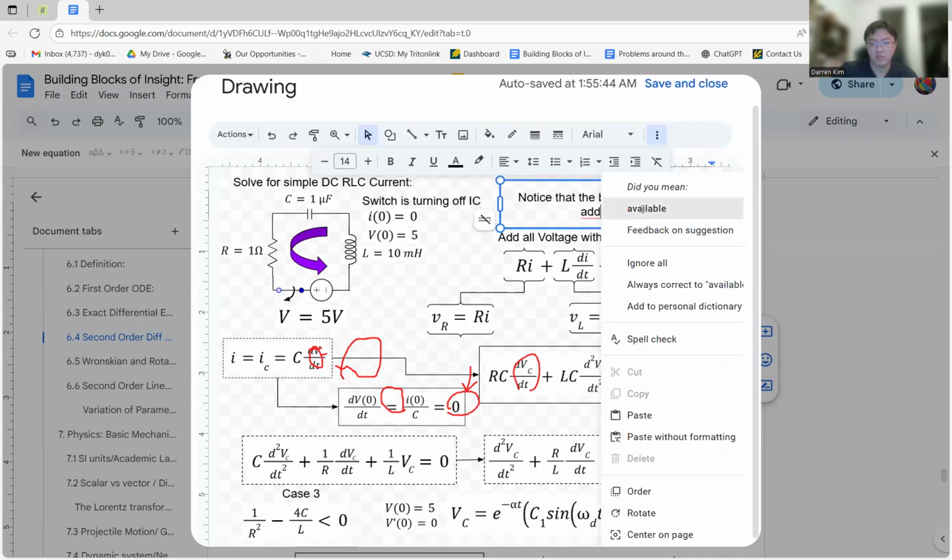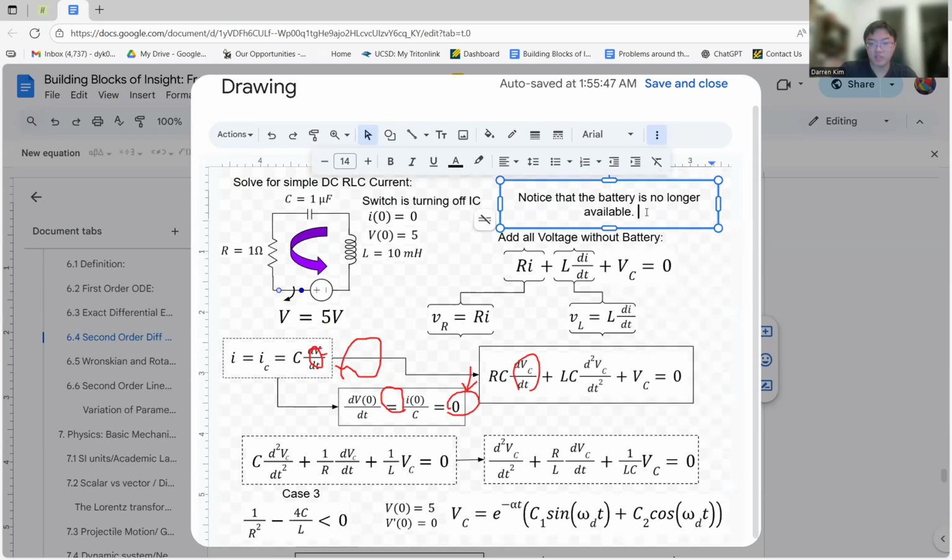Luckily, there's always corrections in this variable. The capacitor can take its place because the capacitor holds charges temporarily.